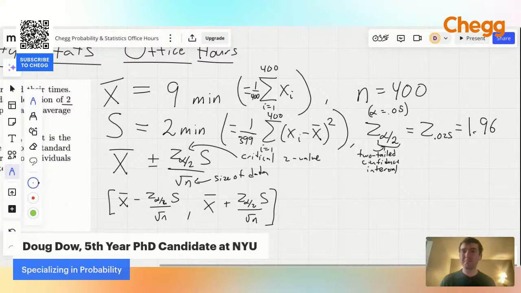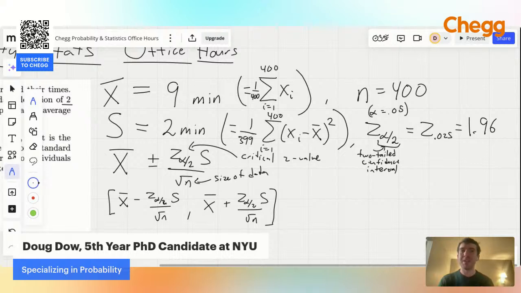But what it means is pretty simple. It means given certain assumptions about how we're sampling the data, specifically that we're sampling them independently, and they're identically distributed, there's about a 95% chance that this interval that we construct will contain the true population average.